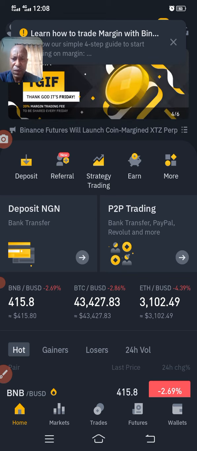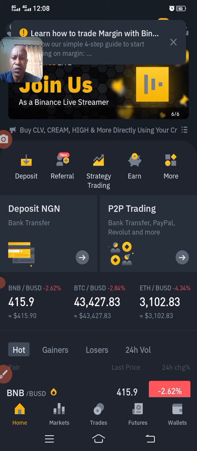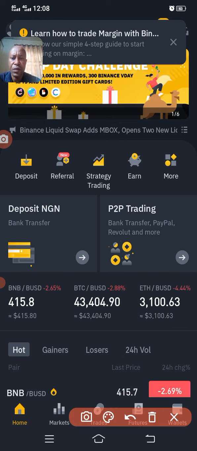Now, when you register new on Binance, what do you see? This is the platform you meet, just exactly what you are seeing today. You can see home, here is your home page.